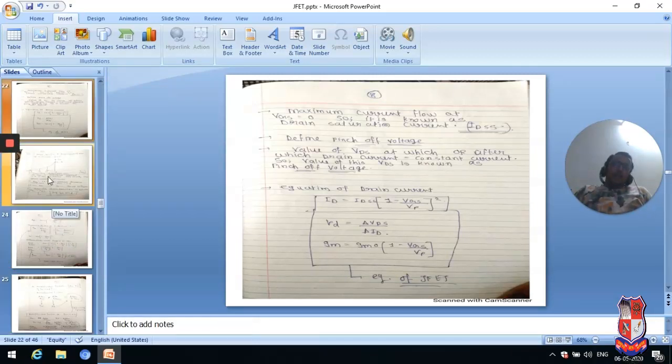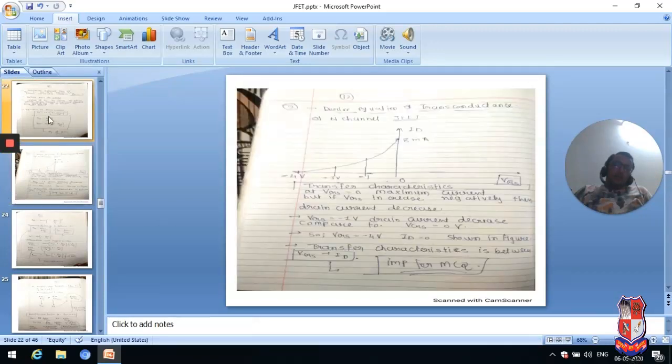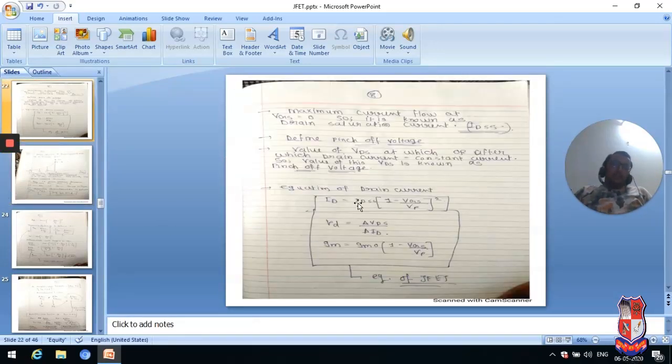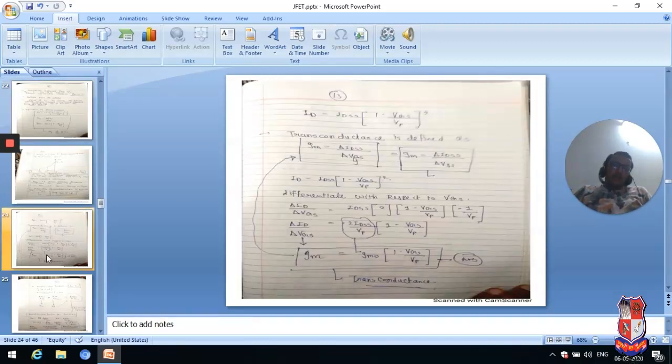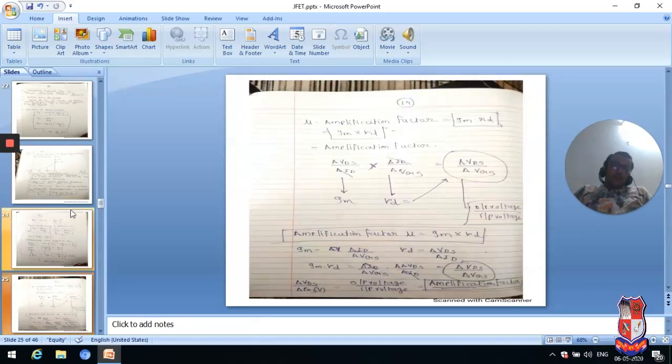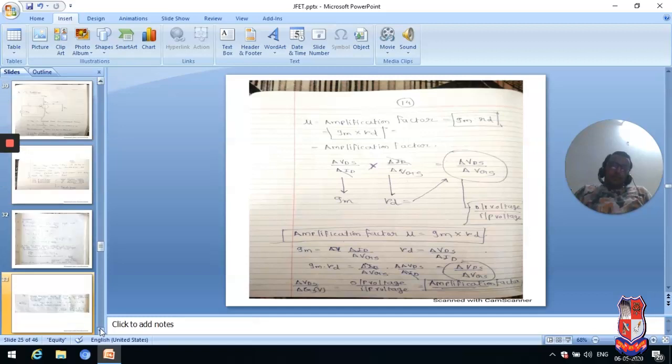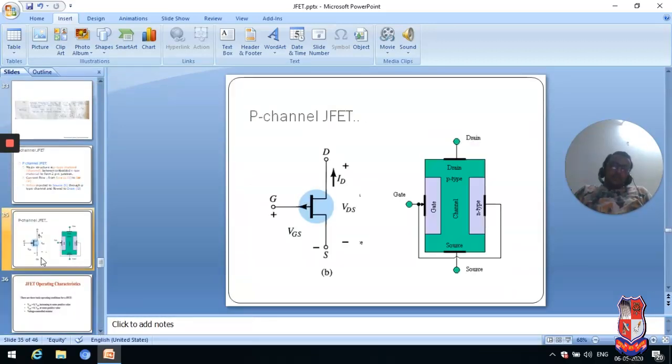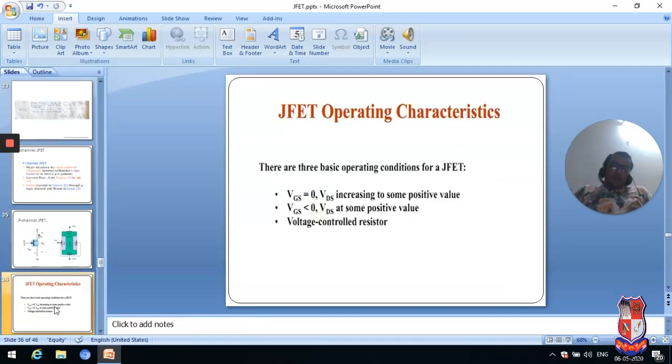Similarly, for N-channel JFET we take VGS equal to negative voltage. So obviously in P-channel JFET, VGS is positive to control the drain current. See these characteristics very carefully. VGS consists of a positive value to control the drain current. I have already explained the characteristics of P-channel JFET.